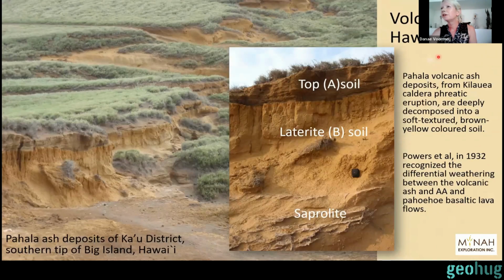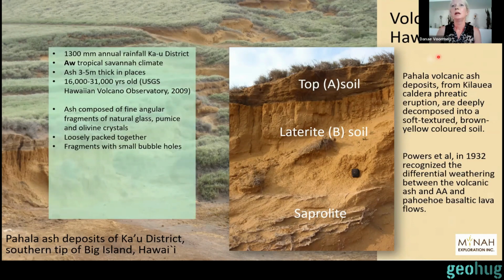So if it takes 1 million years to develop it, then how come this volcanic ash in Hawaii, which is only 16 to 30,000 years old, has such a deep laterite development? Well, let's take a look. We've got the weather there. So we have 1,300 millimeters annual rainfall that puts it in a tropical savanna climate. And the ash is about 3 to 5 meters thick in places.